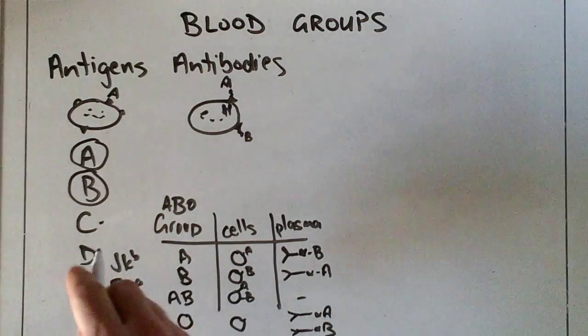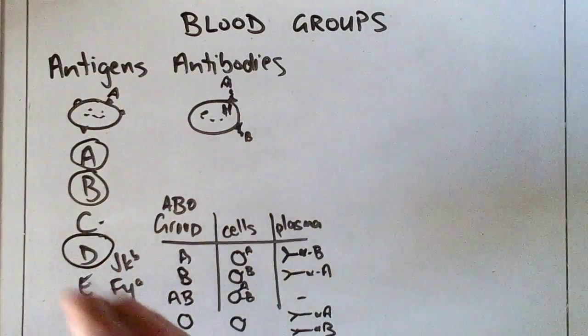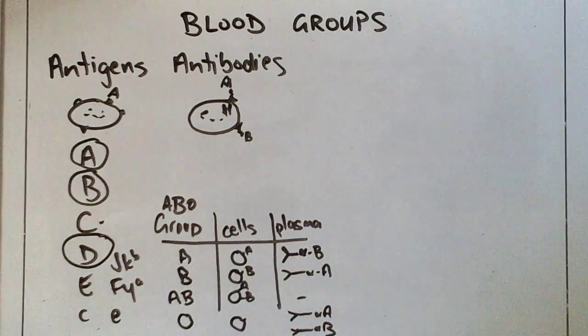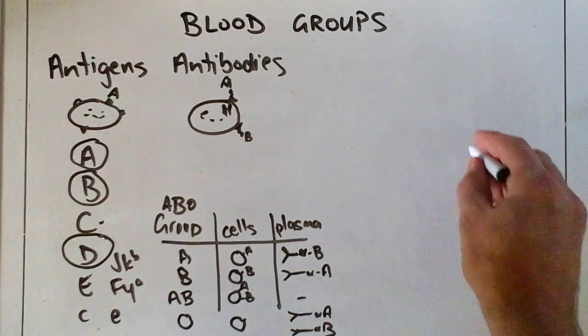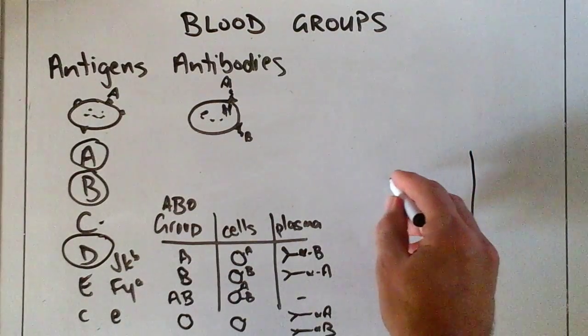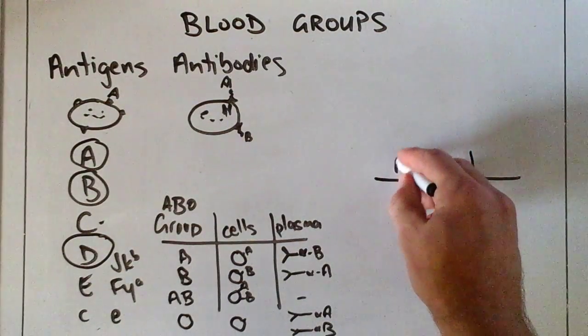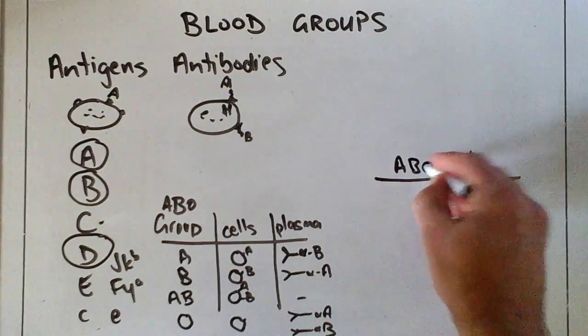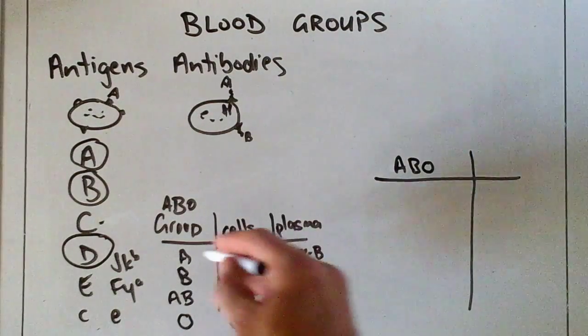So when we hear blood groups, we don't just hear about A's and B's, we also hear about another antigen, which is this one here, which we call the D group. Now let's just draw another little graph over here. When we talk about our ABO blood group, there are different groups that we've listed here.